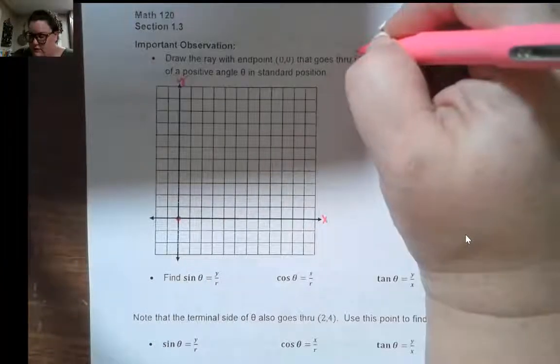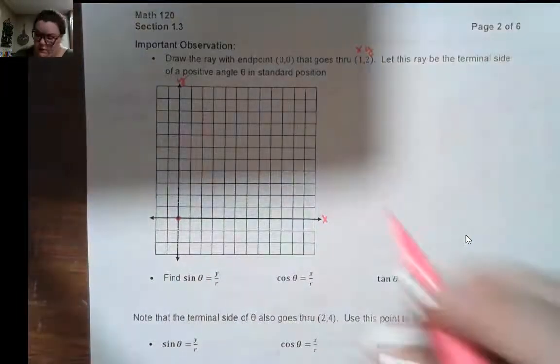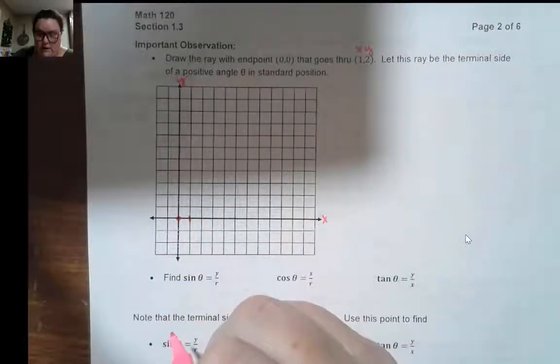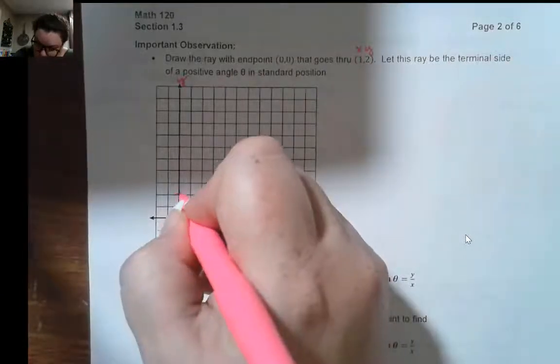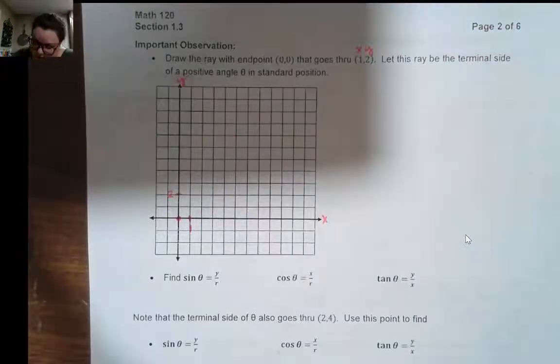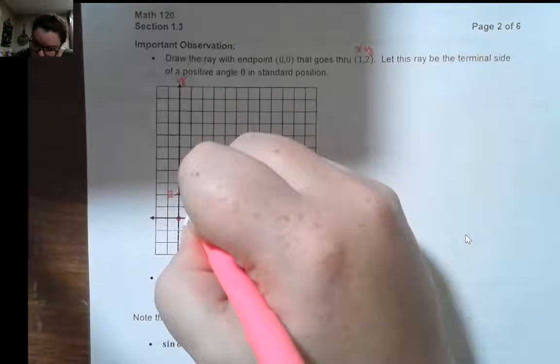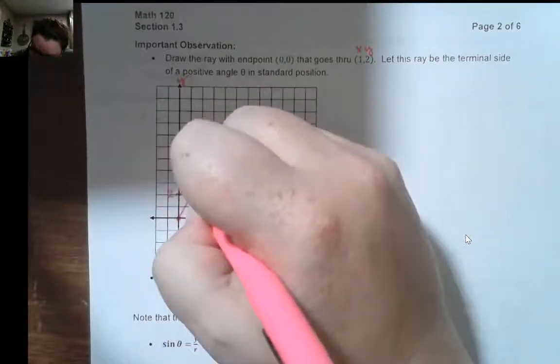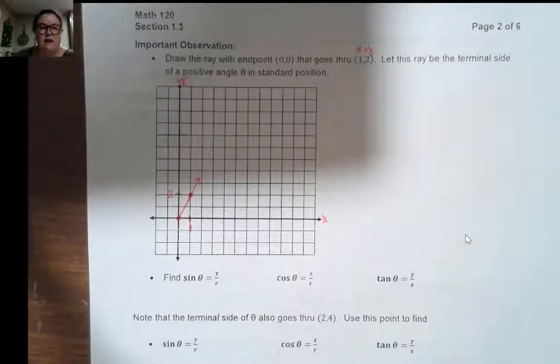Remember, this is just an xy pair. So we're going to go to where x is 1, which is here, right? And where y is 2, which is here. So that gives us this point. Okay. So right now our ray looks something like that.